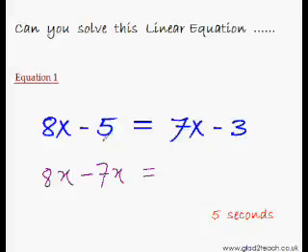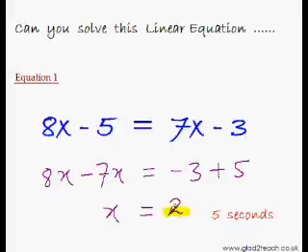And similarly, take this constant to the other side. So when minus 5 goes to the other side, it will become plus 5. 8x minus 7x is x, and minus 3 plus 5 will be 2, and with that the equation is solved.